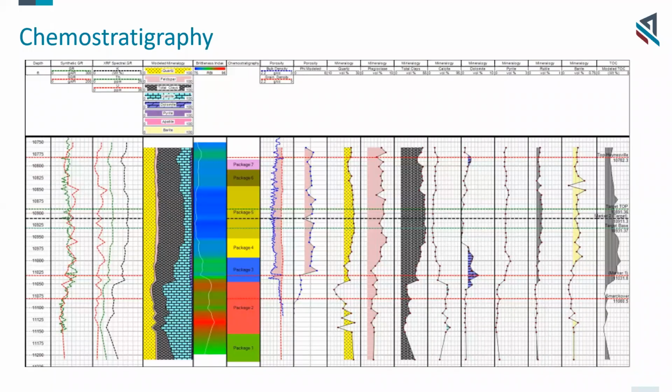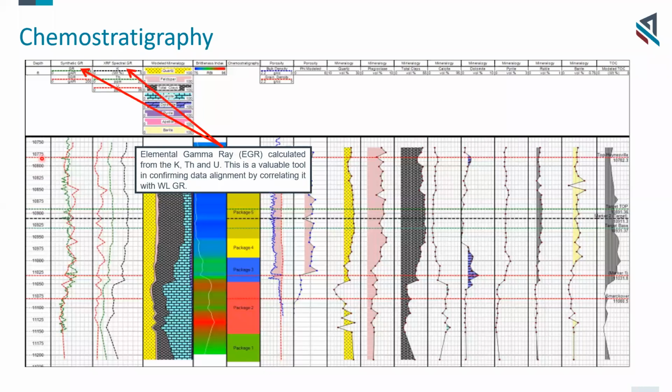This is an example of a well from North America. So this is an unconventional play, but what we're seeing here, we've got elemental gamma ray. So we've got total gamma, synthetic total gamma, and a synthetic spectral gamma with the different elements, potassium, thorium, and uranium split out.